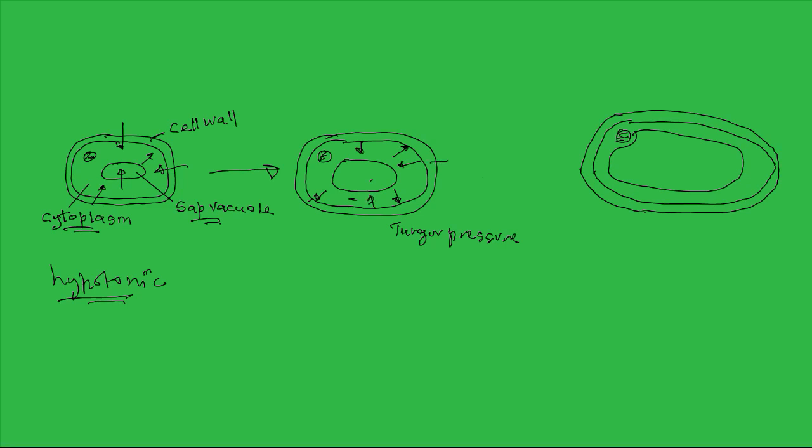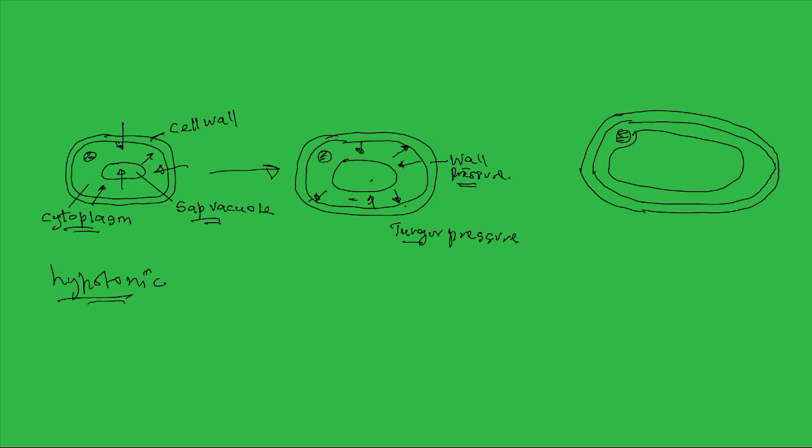This opposite and equal force exerted by the cell wall is known as the wall pressure. So as the Turgor pressure increases, the wall pressure also increases, because Turgor pressure pressing against the cell wall is one that creates the opposite wall pressure.